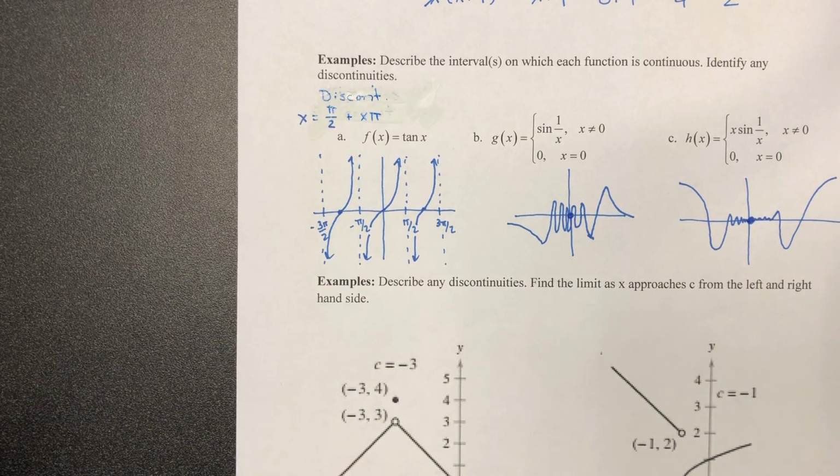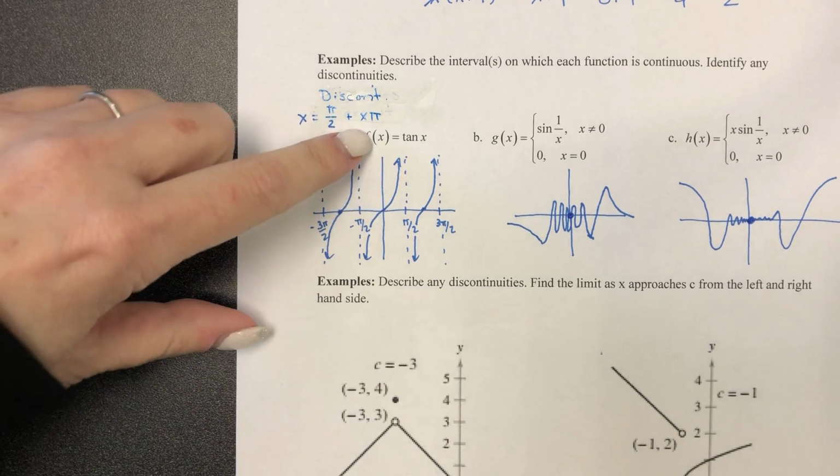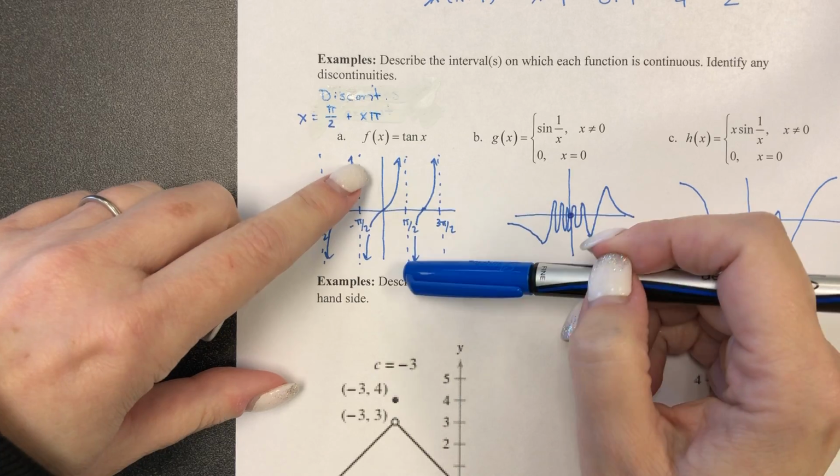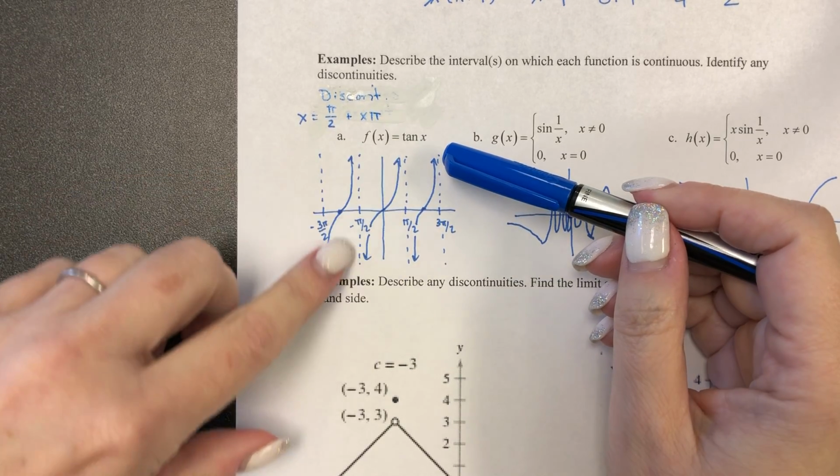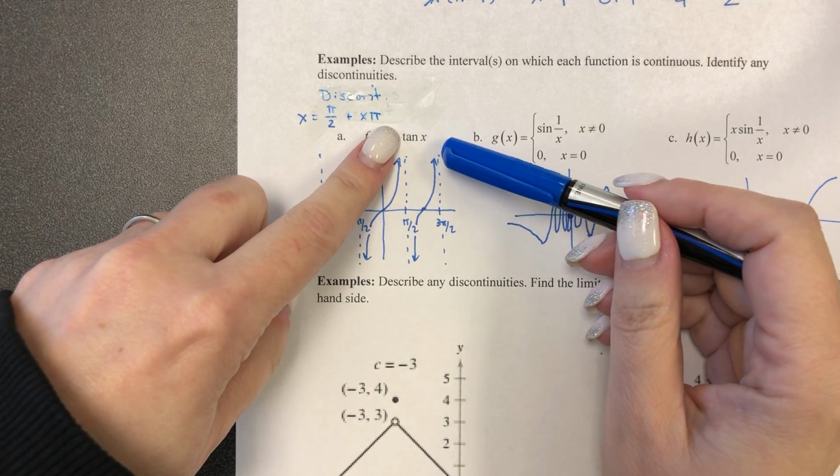So between negative pi over 2 and pi over 2, and between pi over 2 and 3 pi over 2, you're continuous. Now, what kind of discontinuity is this? Let's just take pi over 2, for example. On the left-hand side, you're going to positive infinity.